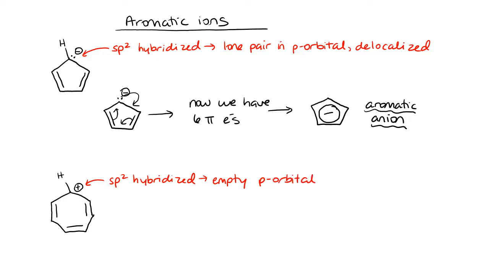But it provides a p orbital to allow these 6 pi electrons to move constantly and continuously around the ring. So at this point, we have all sp2 hybridized atoms, we have 6 pi electrons, and we have a planar ring.